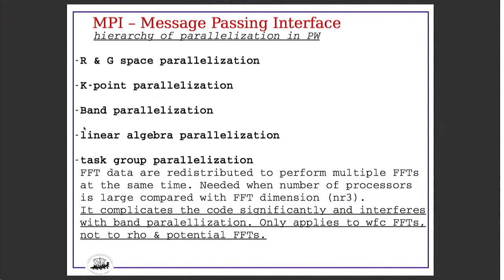And certain operations like conjugate gradient diagonalization cannot really use band parallelization. It could be useful to have a different distribution of data in real space and G space in order to improve scalability. So that was the idea.